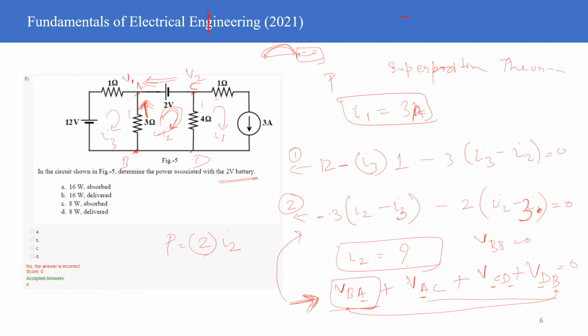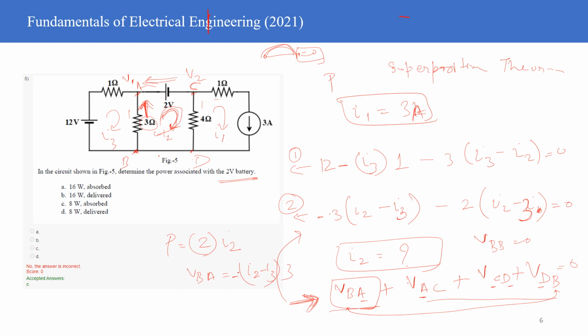So I2, you have taken the direction of I2 current like this. So I2 minus I3 will be coming in the top. If you take 3 ohm, the current which will be flowing out from it is I2 minus I3. And since you are flowing out from this particular node, if I ask you what is the potential VBA, you will say I2 minus I3 into 3 ohm with a negative sign.